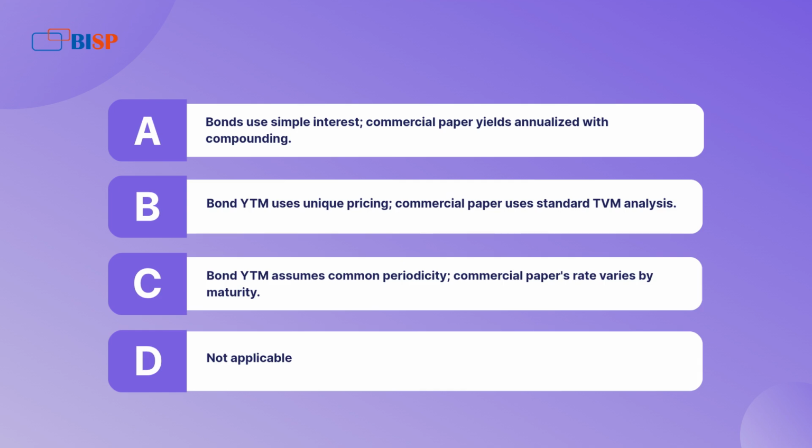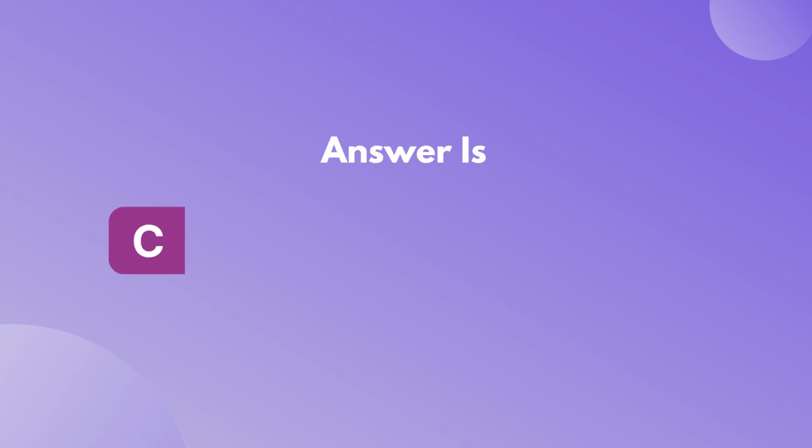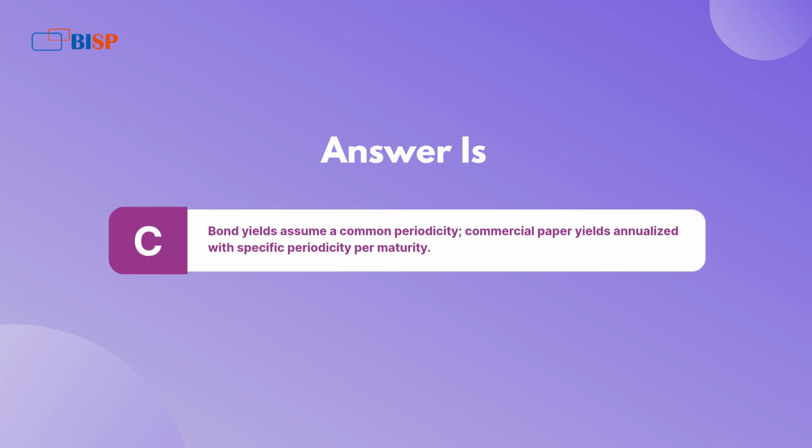Commercial paper's rate varies by maturity. D. Not applicable. Answer is C. Bond yields assume a common periodicity. Commercial paper yields annualized with specific periodicity per maturity.